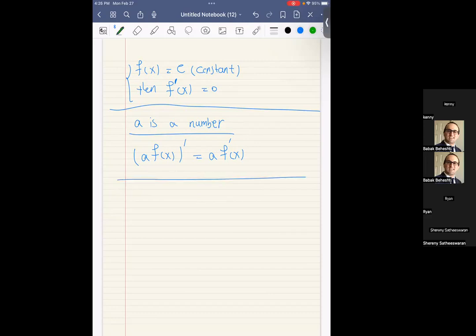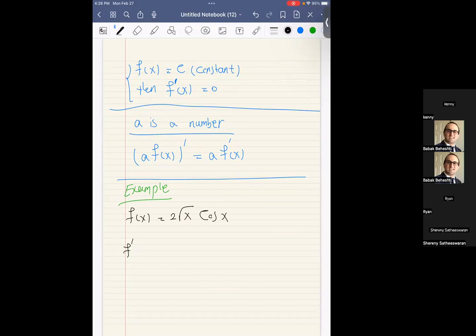So some examples, more examples maybe. Imagine that f of x is equal to 2 times root x times cosine of x. Then what is f prime?